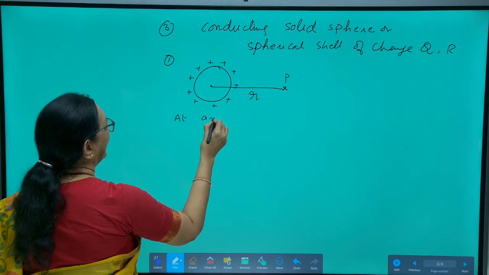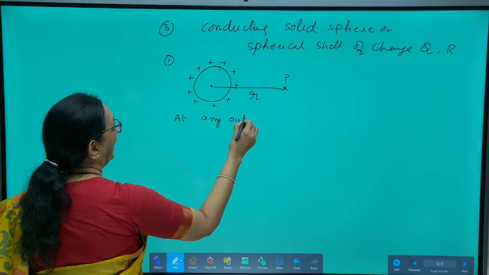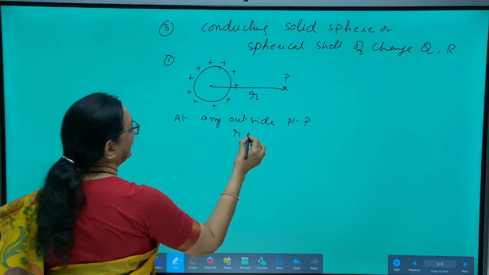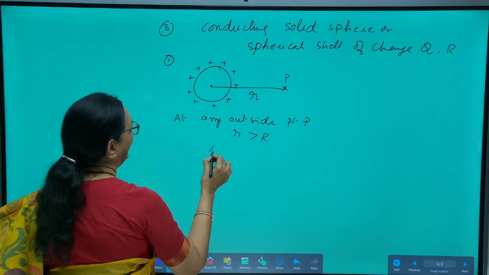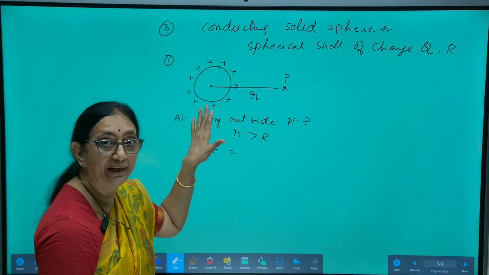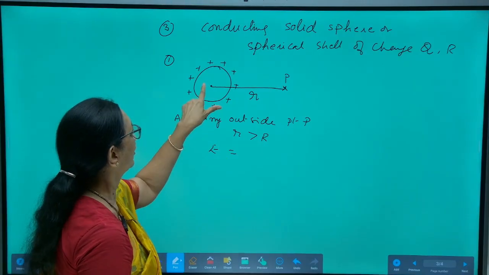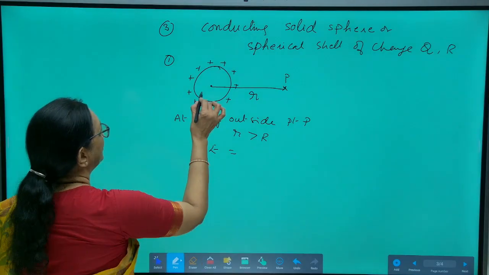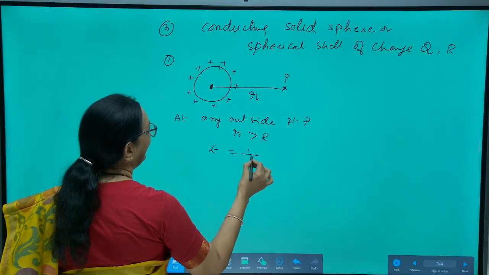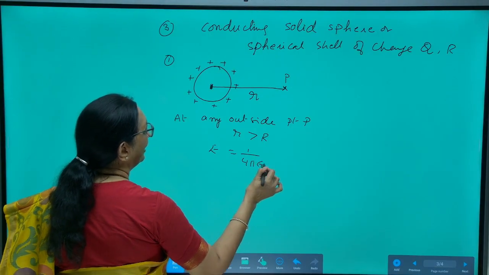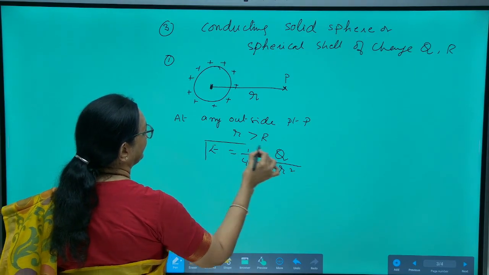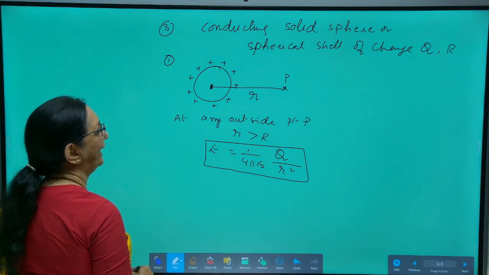At any outside point P, r greater than R, this entire charge behaves like a point charge concentrated at the center. So, due to that point charge at the center, the electric field intensity at this point is simply 1 by 4 pi epsilon naught Q by r square. That is at any outside point.